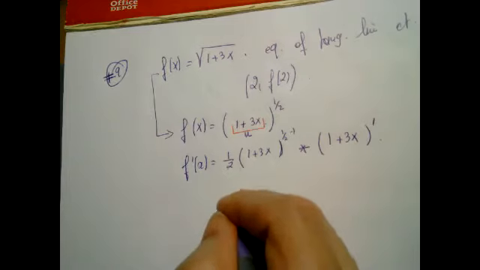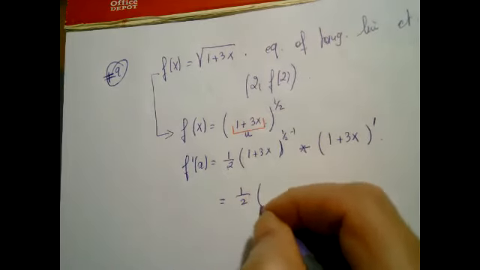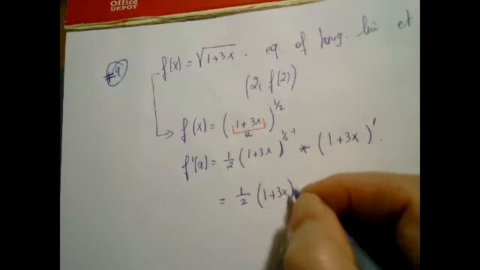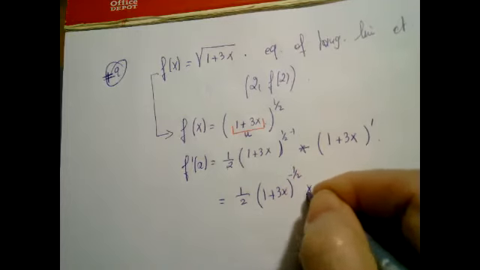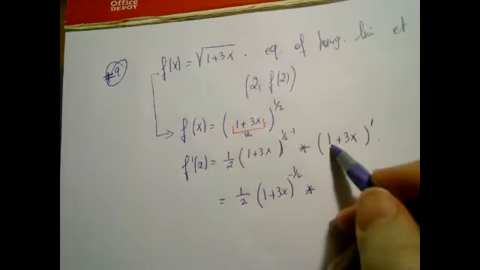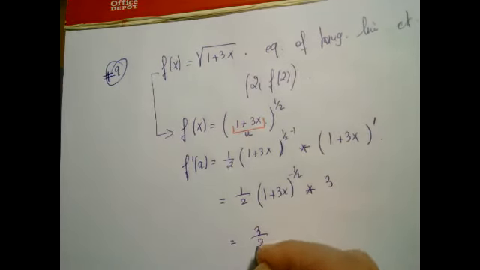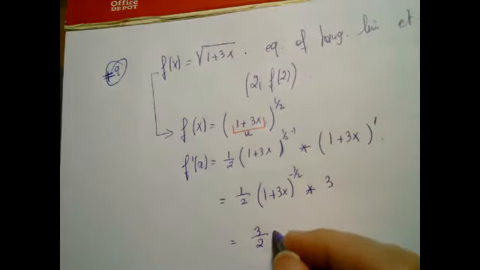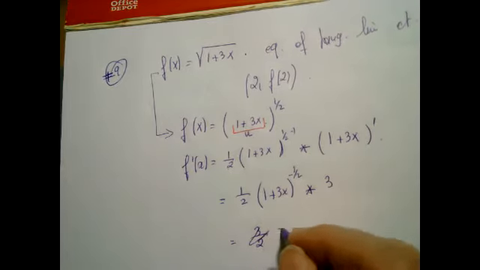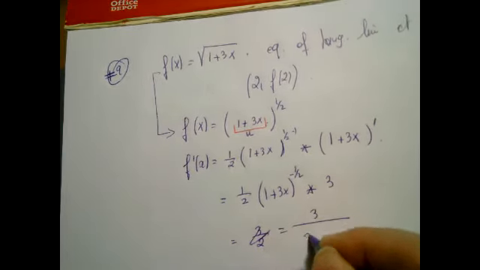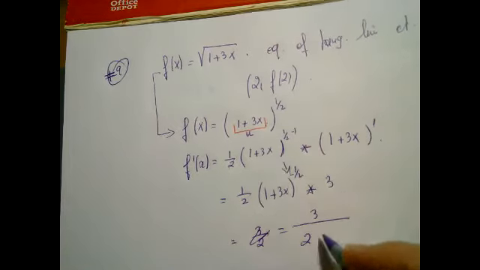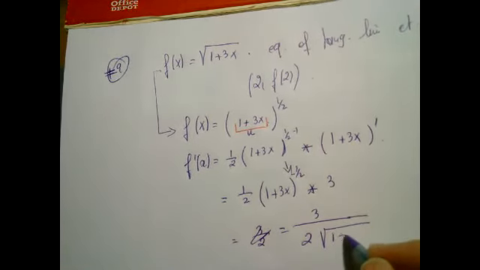So finally, I will get 1/2 times (1 plus 3x) to the minus a half times the derivative of 1 plus 3x, it's 3. So this would give me 3 over 2, and actually 3 over 2 times, because I have a minus in here, the square root of 1 plus 3x.